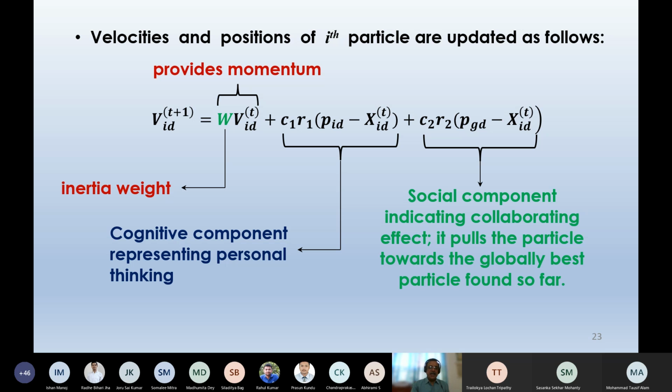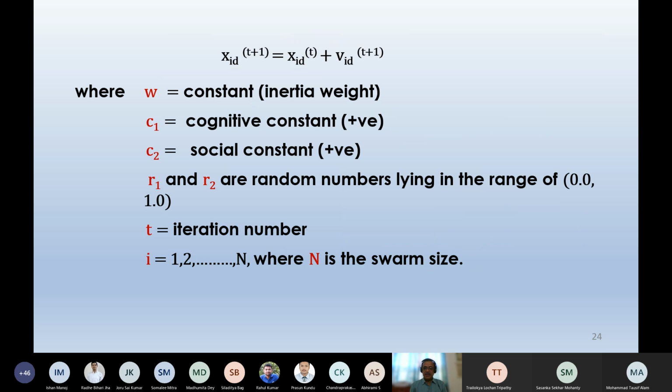So this VID at t plus 1th iteration is actually the updated velocity in the next iteration. And once I've got the updated velocity, very easily I can update the position. That is, XID at t plus 1th iteration is nothing but XID plus VID at t plus 1 multiplied by time.